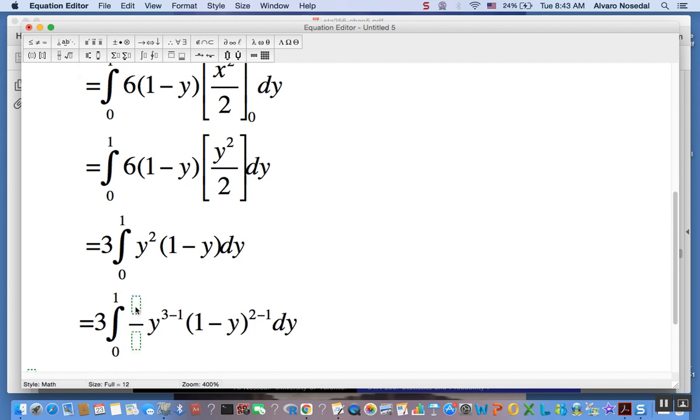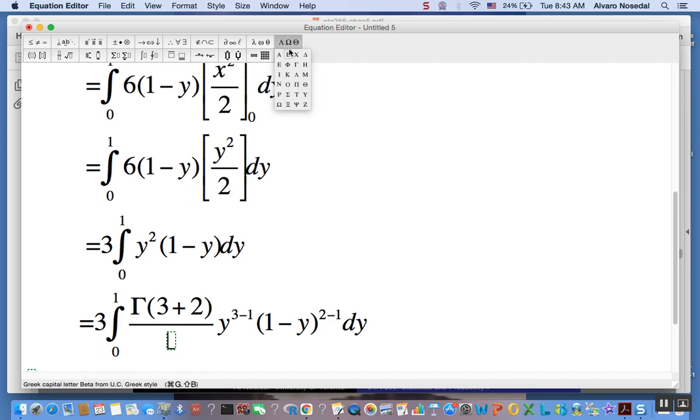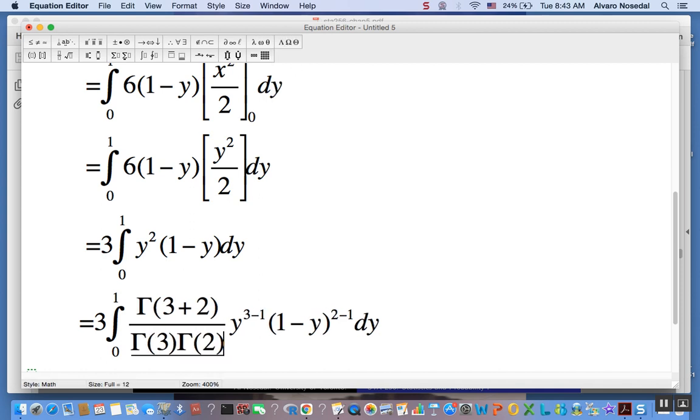So we know that the constant that you want, if you are to have a legit beta distribution, is gamma evaluated at alpha plus beta divided by gamma evaluated at alpha and gamma evaluated at beta.